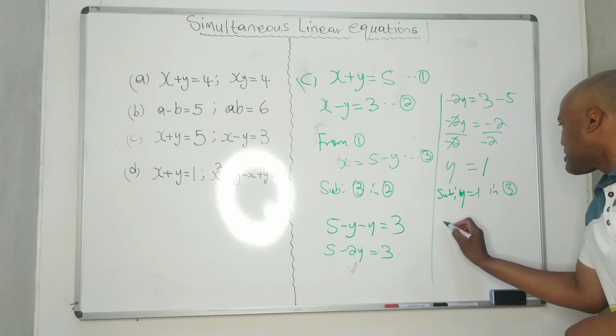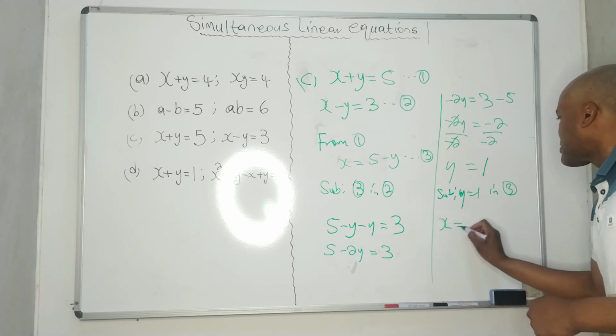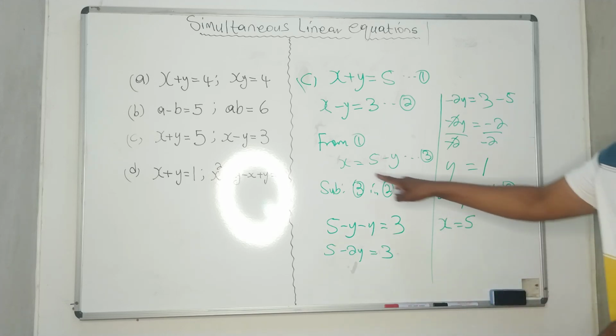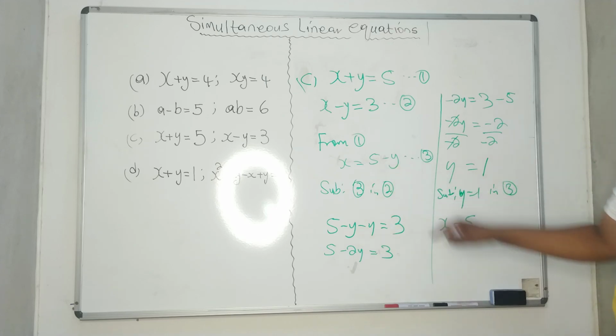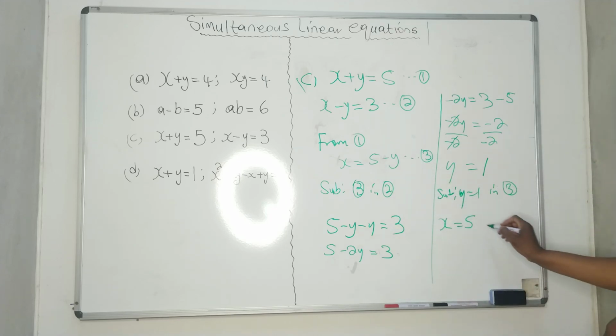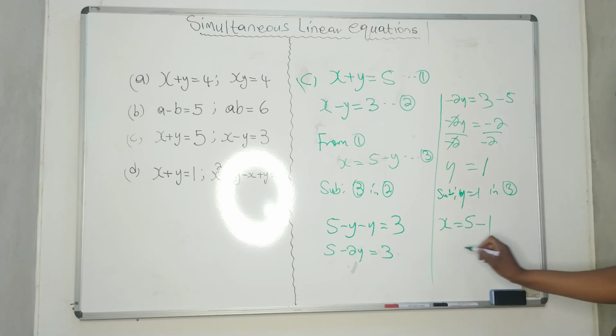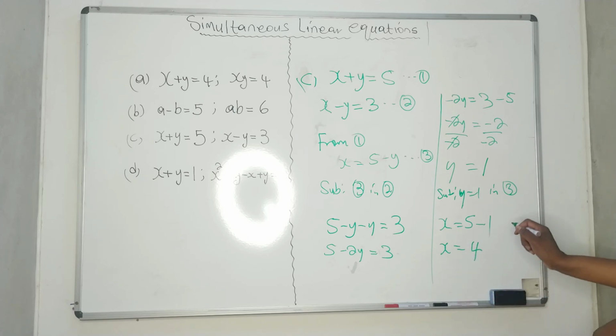Then equation 3 says, okay, x is equals to 5 minus y, but y is 1. Then I'll replace it with 1 there. Then I'll say, okay, x is equals to 5 minus 1, the answer is 4. That's how you do it.